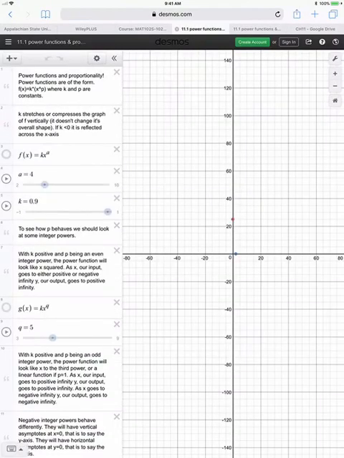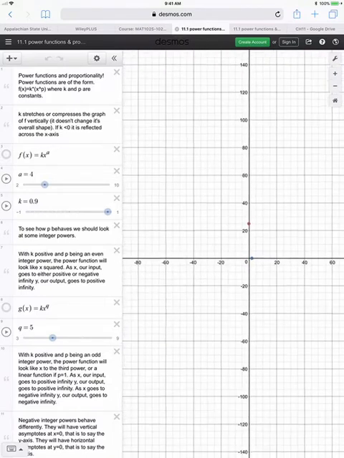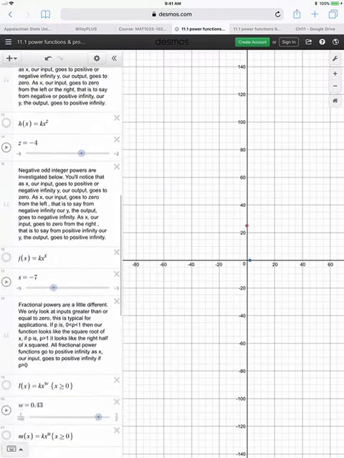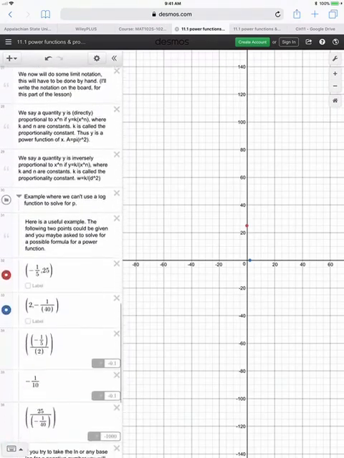If you click on the 11.1, I just wanted to show you quickly how to use this tool. The graph is here on the right, and on the left are some notes as well as some functions that you can click and make active. You can scroll down and see it's like a little mini lesson on power functions.